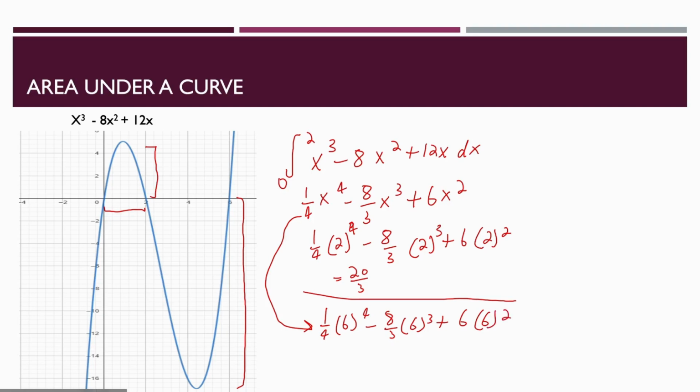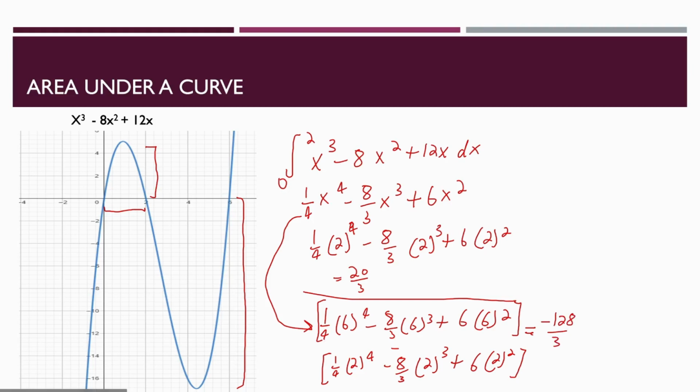And now we subtract it from the lower limit: 1 over 4 into 2 raised to the power of 4 minus 8 over 3 into 2 cubed plus 6 into 2 squared. Let me just plug it into my calculator. I should get a negative value for this, always remember that. So I have minus 128 over 3.